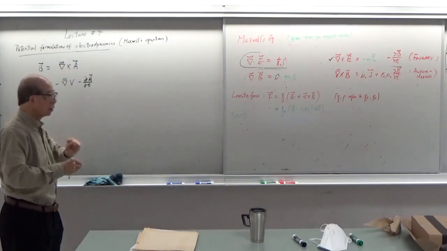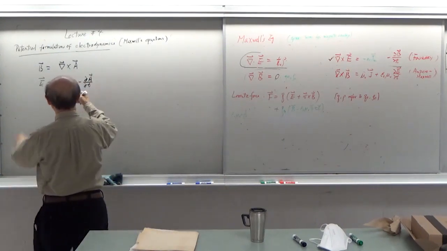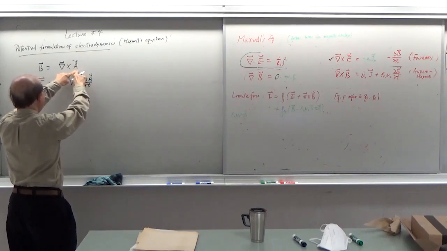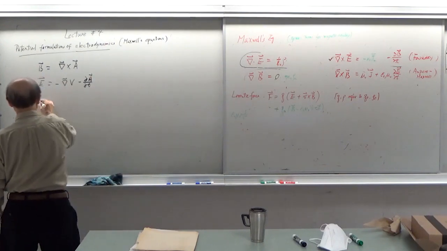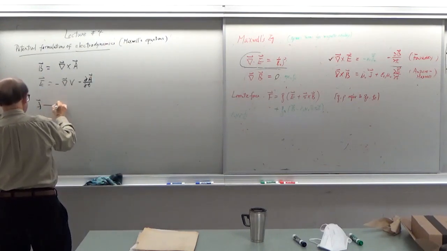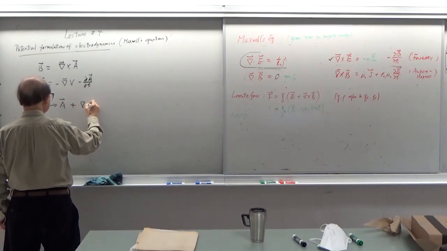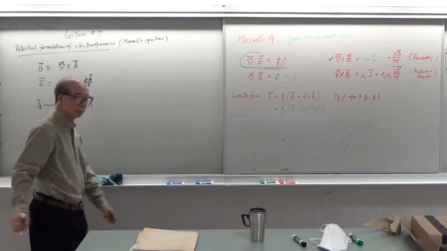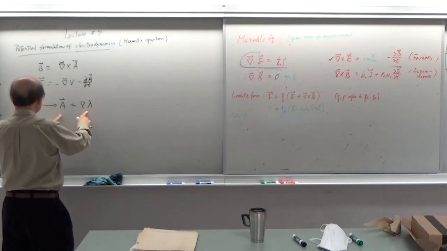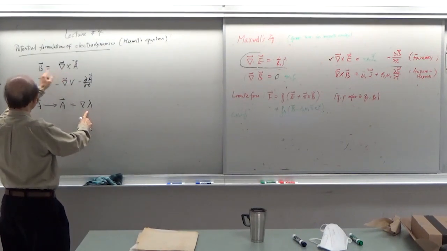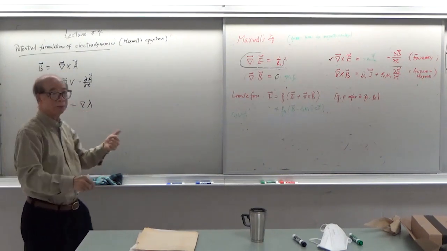But A and V are not uniquely determined. Why? Because I can always change A by a gradient without changing the physical field of B. So if A goes to A plus gradient of a function, let's call it lambda, an arbitrary scalar function, then the additional part in A would give 0 contribution to B because curl of gradient is automatically 0.